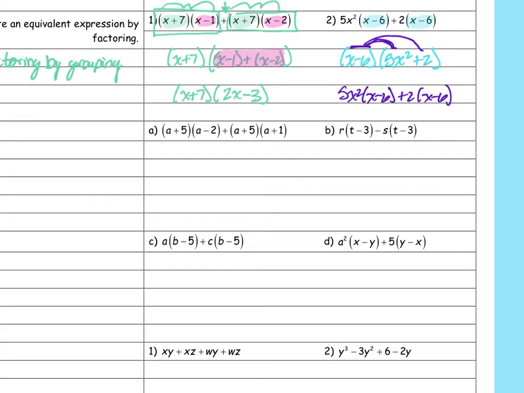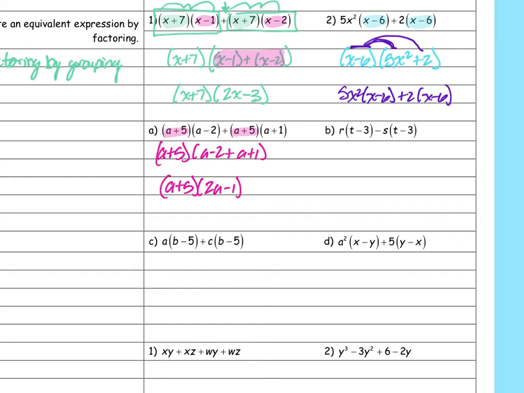Okay, here we go. On the first one, I've got a plus 5, and a plus 5 is my common factor. So I'm going to factor that out, and I get a plus 5 times a minus 2 plus a plus 1. So that would give me a plus 5 times 2a minus 1.